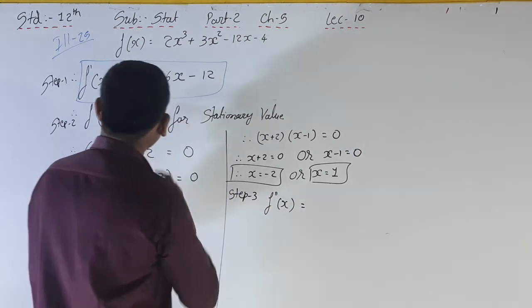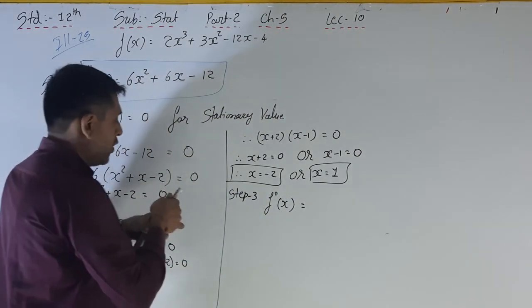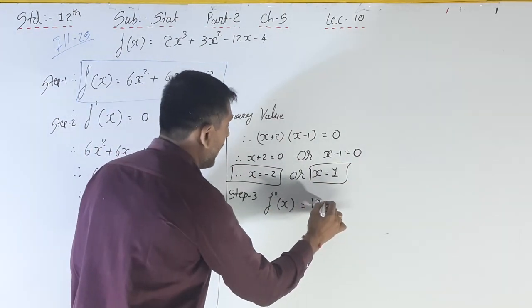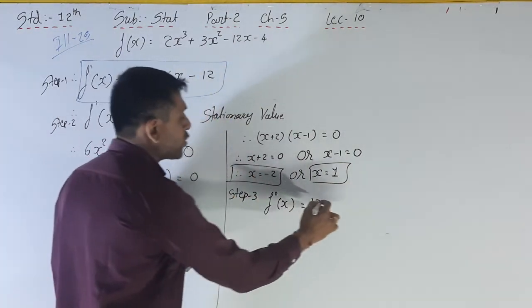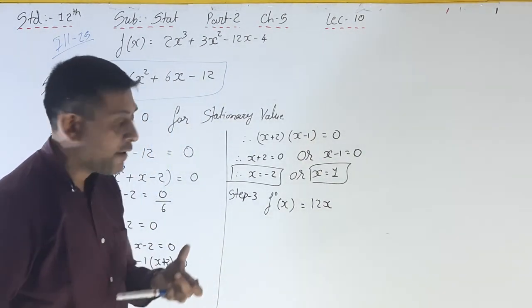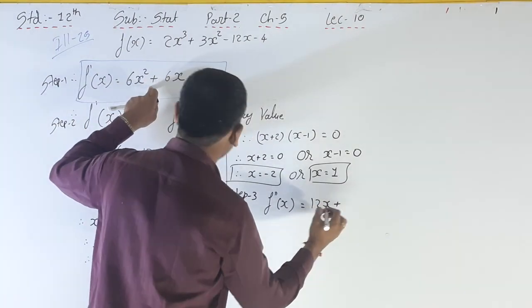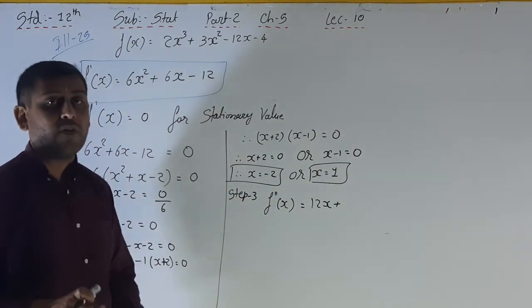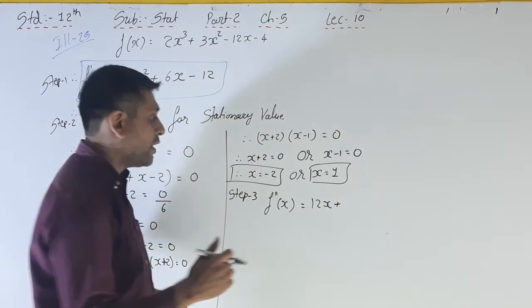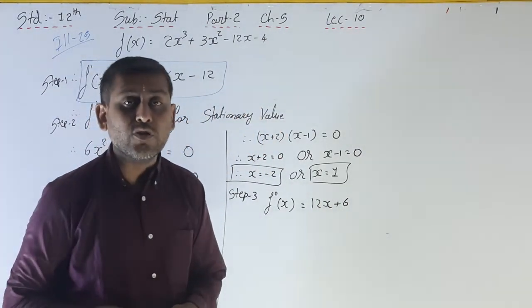See here, 6x squared. So 6 twos are 12, and x raised to 2 - 1, that is x raised to 1 only. That's why 12x. Then plus 6 into x. What is the differentiation of x? That is 1. 1 into 6, that is 6. This is the second differentiation.